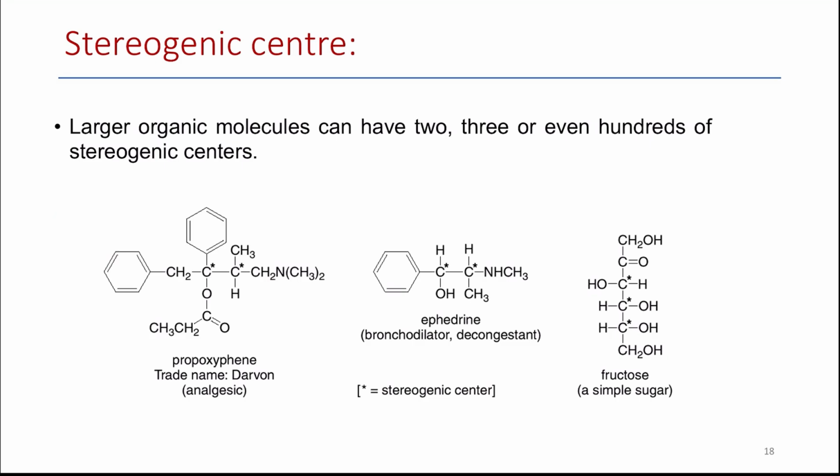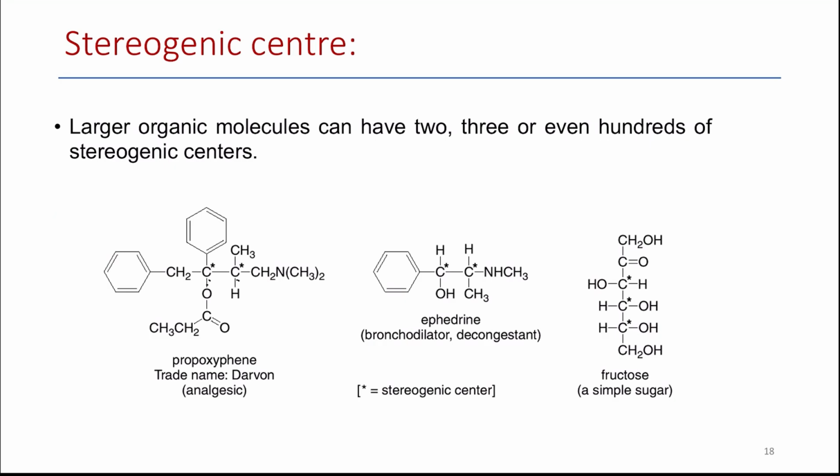How did we decide that these two are chiral centers? Let's have a look. We need to look at all the tetrahedral carbons. Ignore all the carbons that have double bonds. Ignore any other atoms. Just look at the carbon atoms which are tetrahedral, which are sp3 hybridized, and which may have four different substituents.